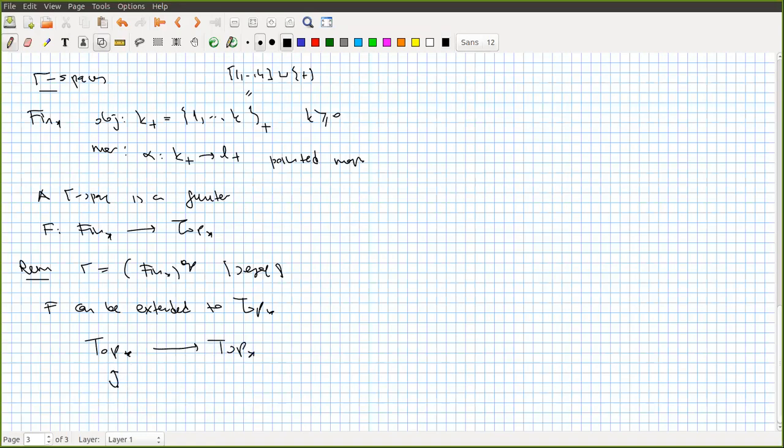If you consider this inclusion of these pointed sets, regard them as topological spaces, you can extend F to Top_*, which we will still write F for this extended functor, and this functor on a pointed space is defined using the Cohen formula. So it's the value of the functor at K plus, and you take the K-fold product of X. So this is a Cohen formula.